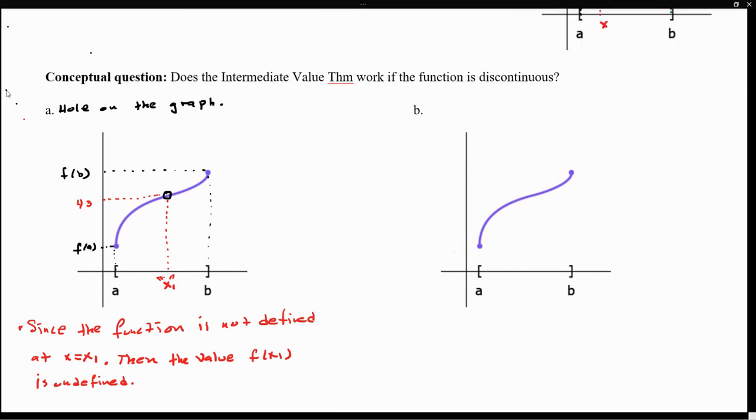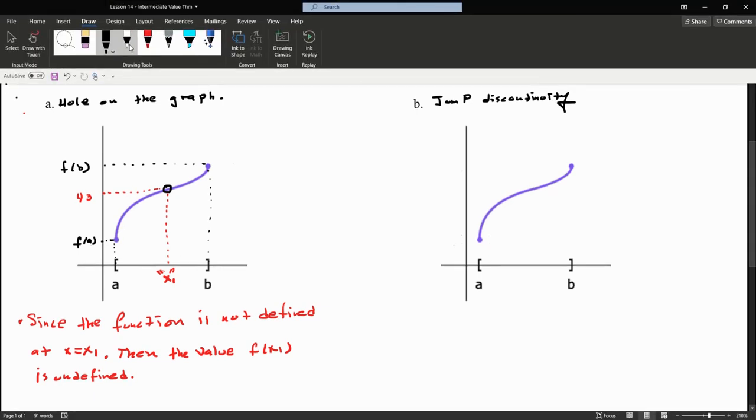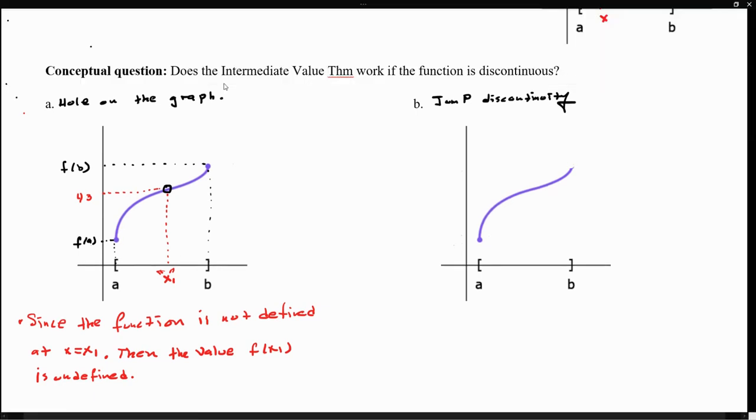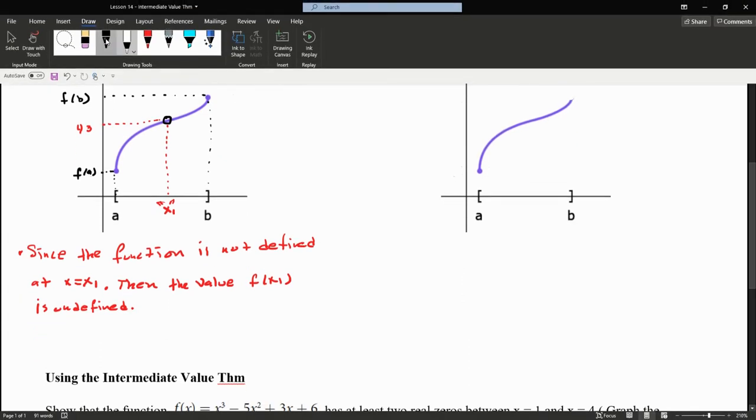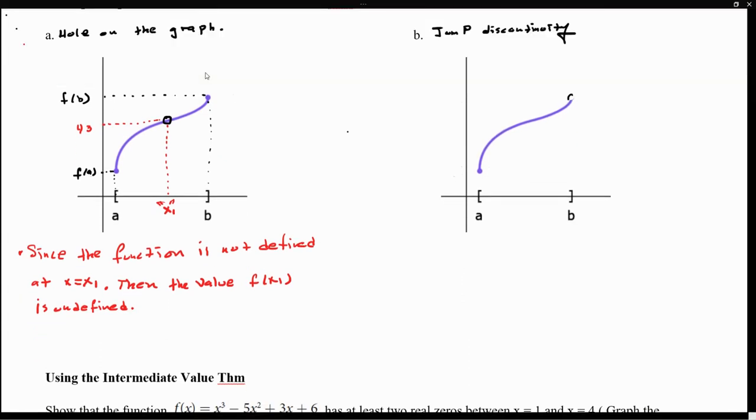And what's another way of making our function not be continuous as well? Well, we could have some kind of a jump discontinuity. So let's assume that now this ending right here is actually a hole, and now it's just filled somewhere over here. Now let's think about this scenario.